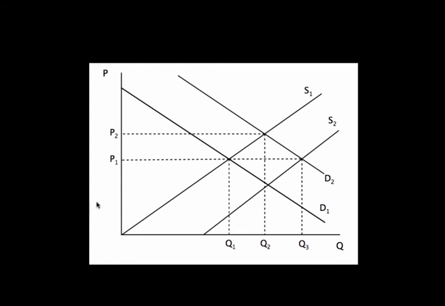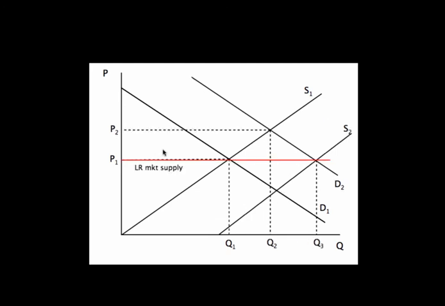Because this was a constant cost industry, there's only one price that gives us a long run equilibrium, which is why we now have a long run market supply curve that is perfectly elastic at this price. Again, a constant cost industry means that all of the firms entering, or all of the existing firms, have the same cost curves, which means there's only one place that can give you that zero profit equilibrium.